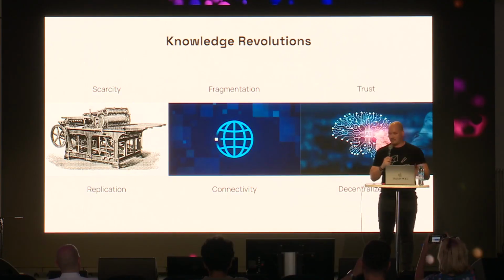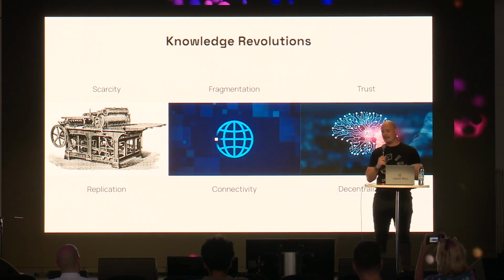It really used this notion of connectivity to solve this fragmentation problem. And right now we're in a situation where all of a sudden we have an enormous generation of content. Very soon we will have more content generated by AI than content that was written by humans. That point is going to happen relatively soon. So the big problem now is trust, obviously. I'm sure I'm preaching to the choir.